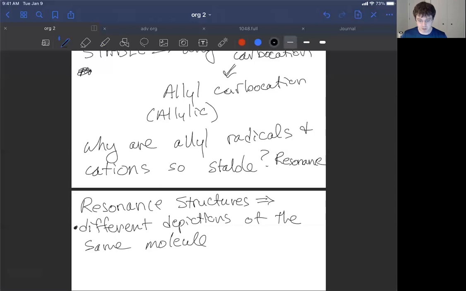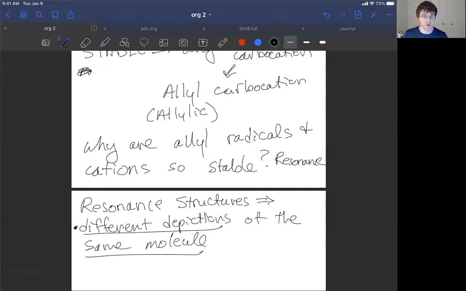These are different depictions of the same molecule. Okay, they're different structural depictions, but they describe the same overall structure, the same molecule, the same composition and orientation of matter. Okay, these aren't isomers of each other. They're just depictions, just structures. Isomers are actually different ways that a single composition of matter can be arranged.